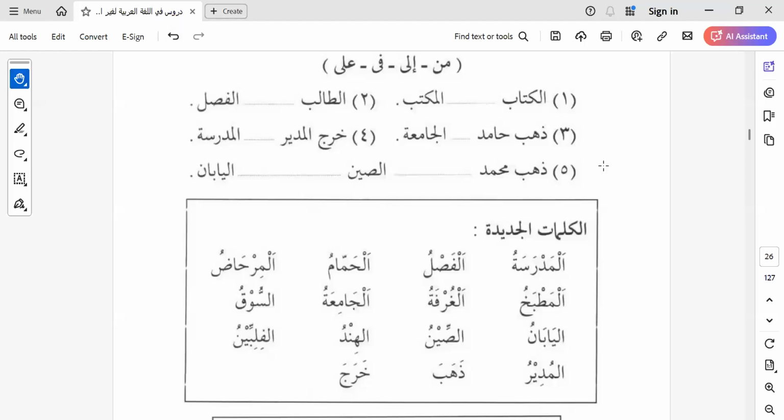And من اليابان. Is that correct? ذهب أحمد إلى الصين من اليابان. Okay, so Ahmed went to China from Japan.